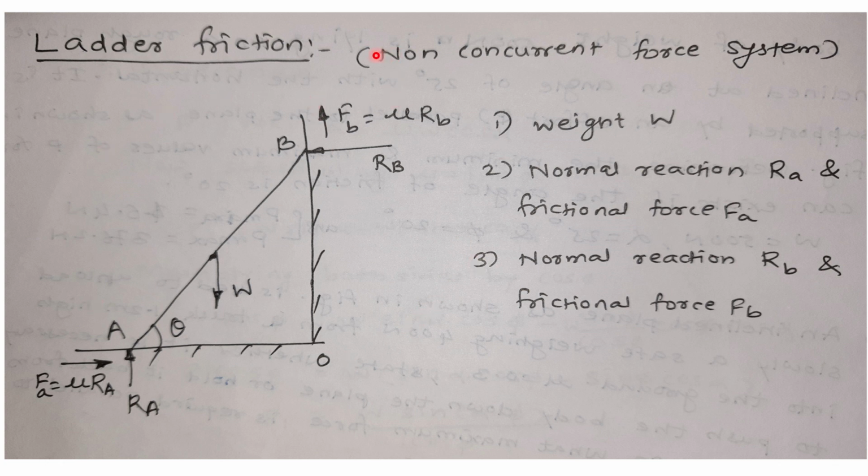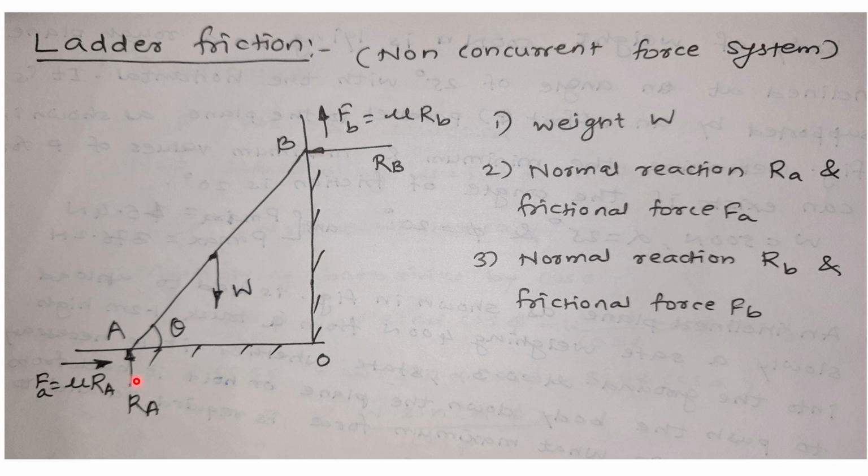So this is the general free body diagram for the ladder. And one important point: ladder friction is an example of a non-concurrent force system. Till now we have worked out problems with the concurrent force system, but ladder friction is a beautiful example of a non-concurrent, in fact non-coplanar, force system. You can see that the forces Fb and Fa are all acting in different directions, as well as parallel but in different directions, so they are not meeting at all.